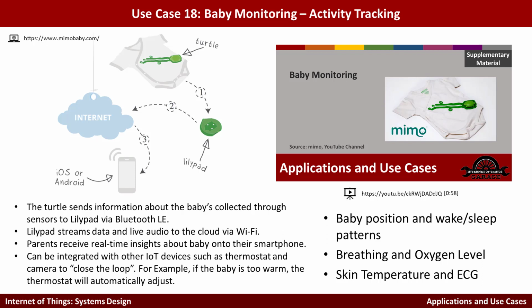They use the sensors to connect through a mobile phone, and through a mobile app, parents can see the insights in real time, and over time they will also get reports. I would like you to stop the video now and go and check the video about the baby monitoring system.